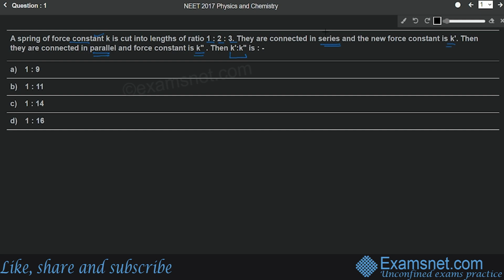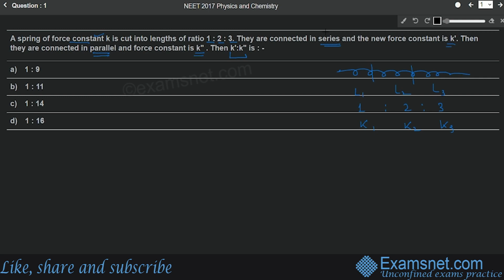So let's see. We have a spring. Suppose this is your spring. Now it is cut into three pieces in the ratio 1:2:3, right? So this is L1, this is L2, this is L3. These are the lengths of individual pieces, in the ratio 1:2:3, and suppose the spring constants are K1, K2 and K3 for these three pieces.